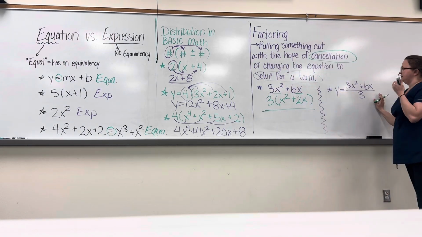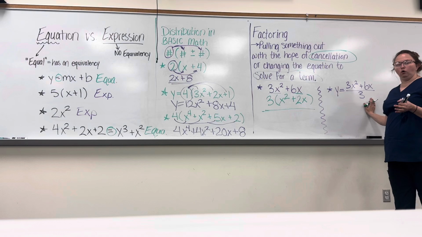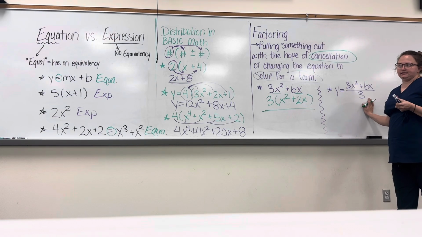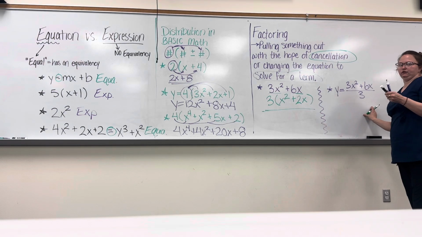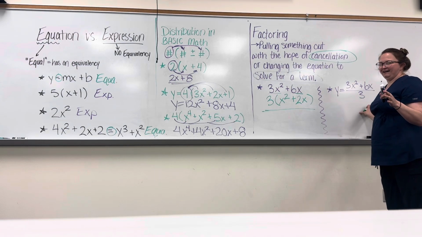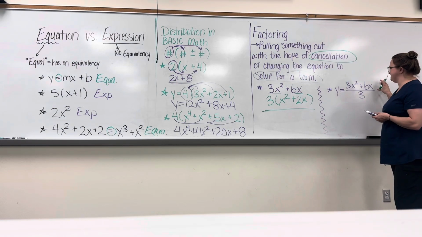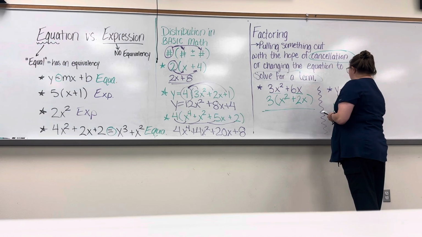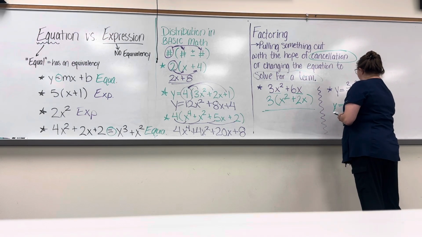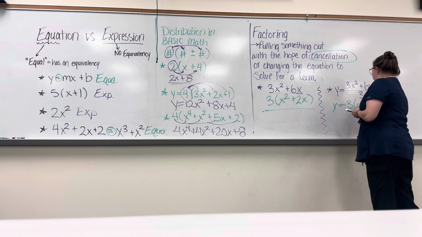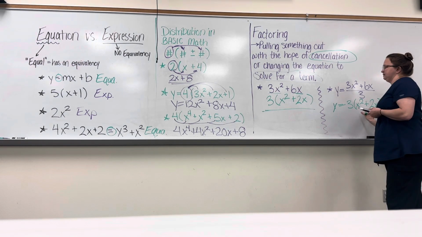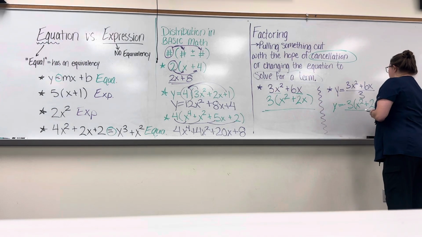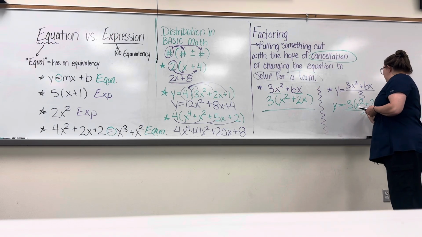Now here you can see why the goal of factoring is to cancel out a denominator. We have a 3 down here, we want to get rid of the 3. So we're going to pull 3 out of the top again, and we're going to get y equals 3 multiplied by the quantity, x squared plus 2x, exactly what we had over here, all divided by 3.